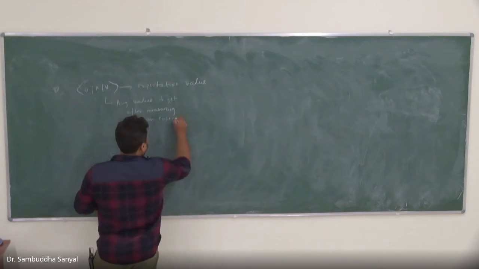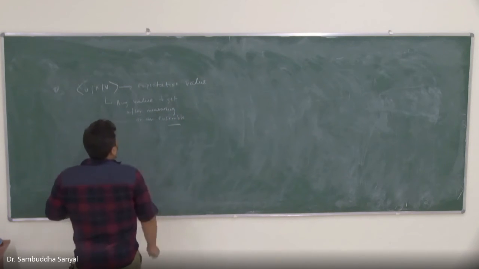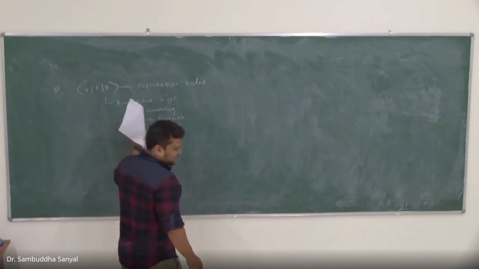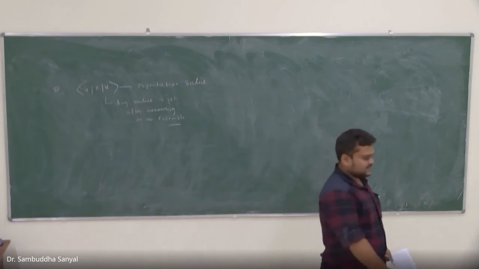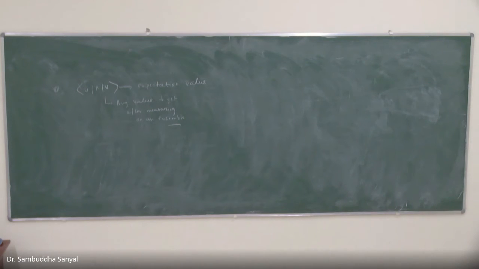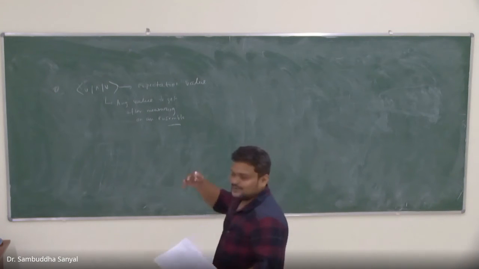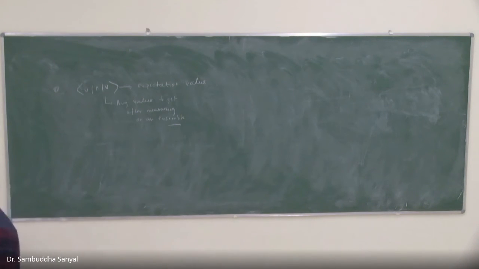By ensemble I mean identically prepared systems, and this is called expectation value because, of course, if you perform the measurement then you think of probabilities, but that's why it's the value you are expecting, right? That's why you are allowed to use the probability amplitudes. Okay?